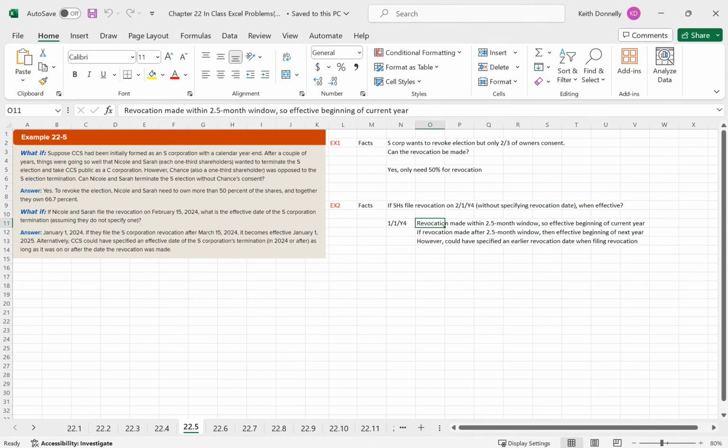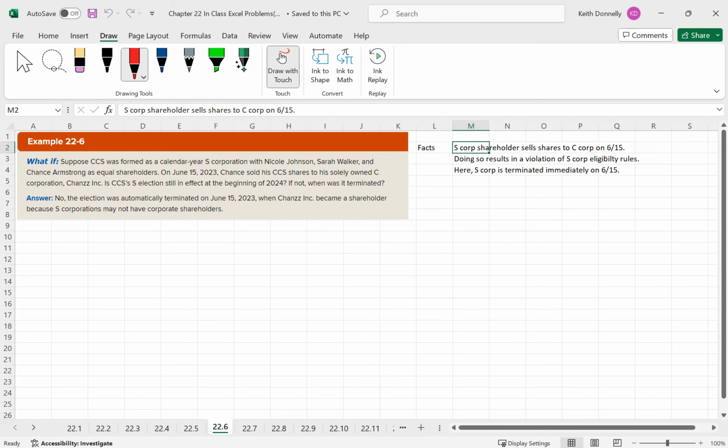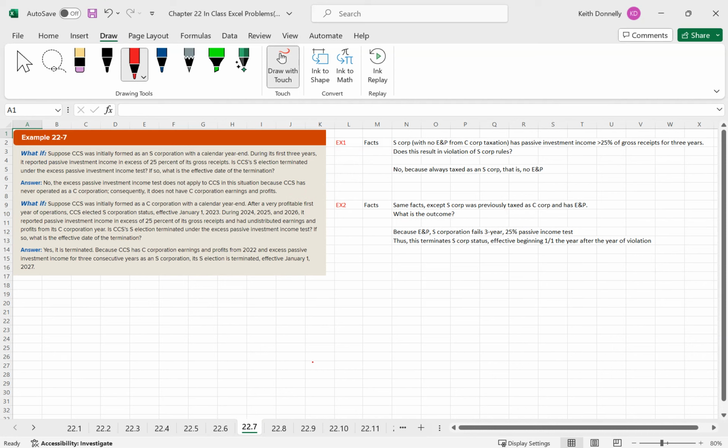Right, so let's look at 22.6, 22.7. This just says, hey, it looks like we have a shareholder. They sell some shares to a C Corp on 6/15. Right then and there, we're terminated involuntarily, and for that reason we fail to meet the S Corp requirements.